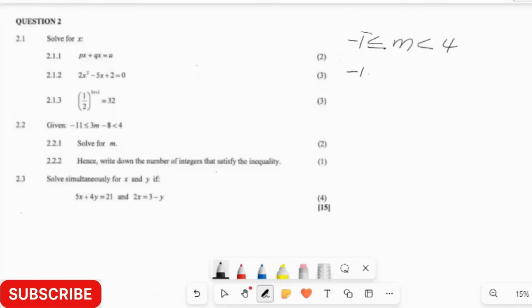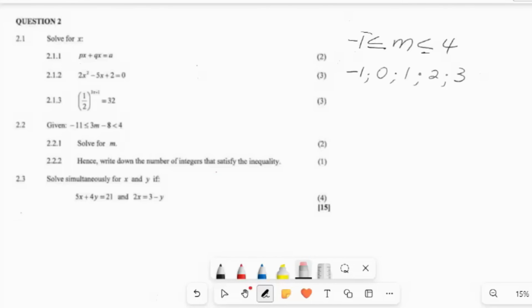We've got 0, we've got 1, we've got 2, and we've got 3. We can never have 4 because they did not say that it's equal. If we had less or equal, then 4 would be included.